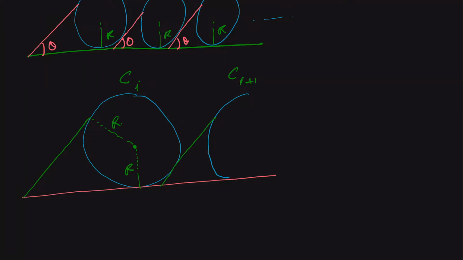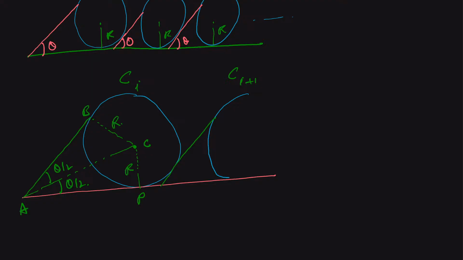Let us suppose this is center C, this is our A, this point is our B, and this is our P. Let us join AC. So obviously we are going to get theta by 2 as well as theta by 2.